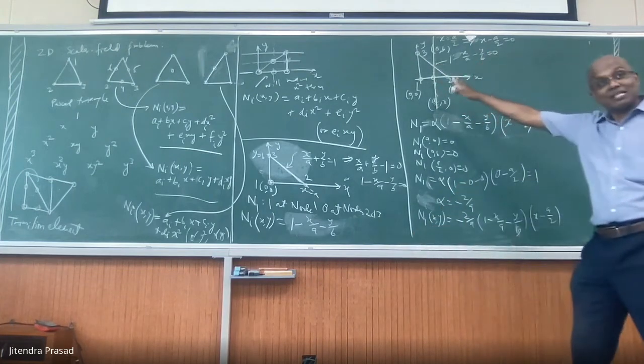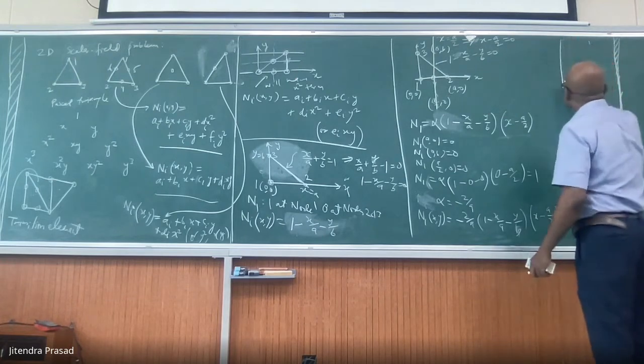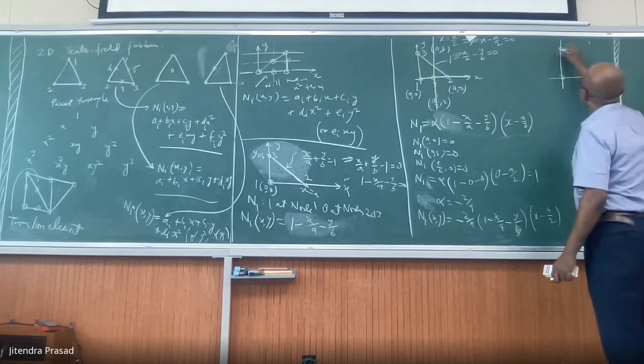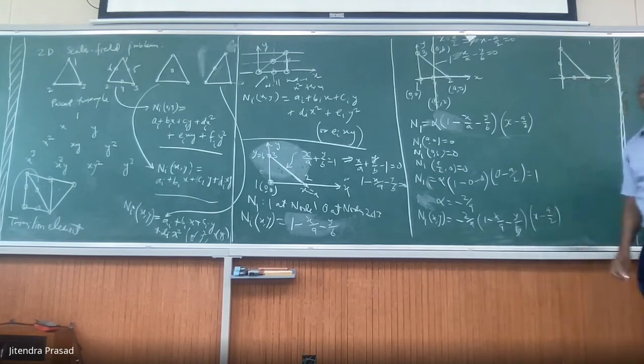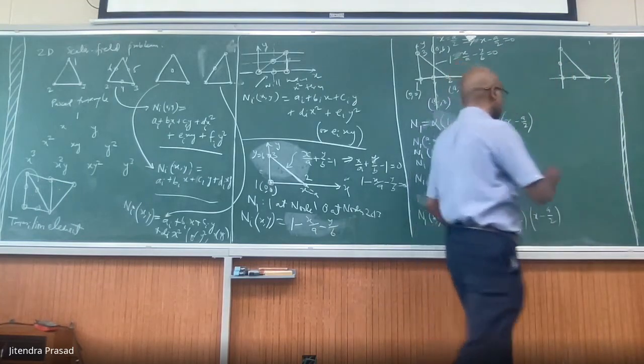That makes life easier for you, because if you have this condition, now you know which two lines are there. You have to choose the minimum number of lines. If I find n1, how will you do it?